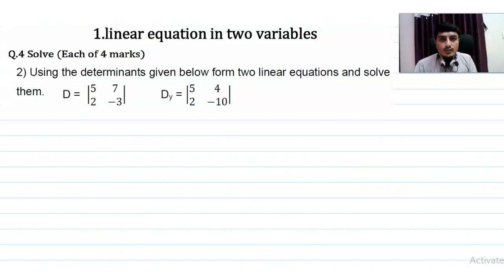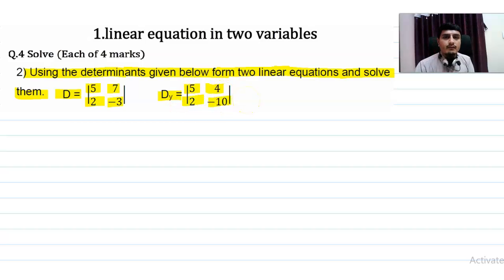Look at the second question. We have two linear equations to solve. D, we have the entries under the determinant of the form 5, 7, 2, minus 3. Dy is the determinant of order 2 by 2, having the entries of the form 5, 4, 2, minus 10.